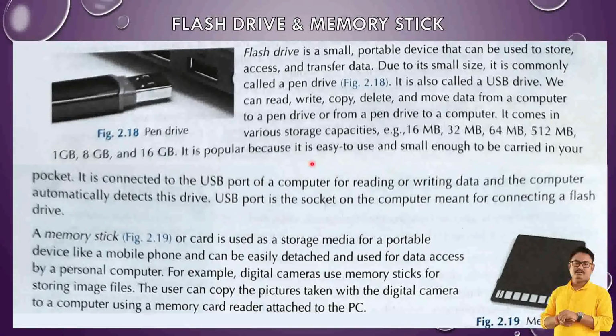There are many different capacities, starting with 16 MB, 32 MB, 64 MB, 512 MB. Nowadays 1 GB, 8 GB, 16 GB, 32 GB, 64 GB, 128 GB pen drives are available.